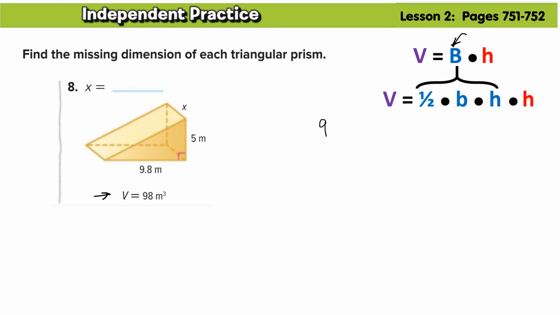So we have 98 meters cubed equals 1/2 times the base of the triangle. So here is our triangle.